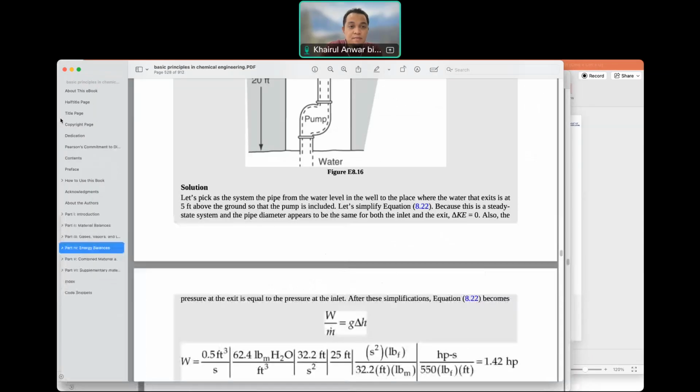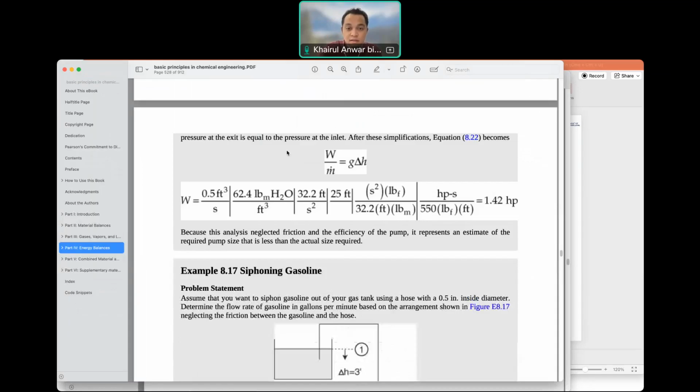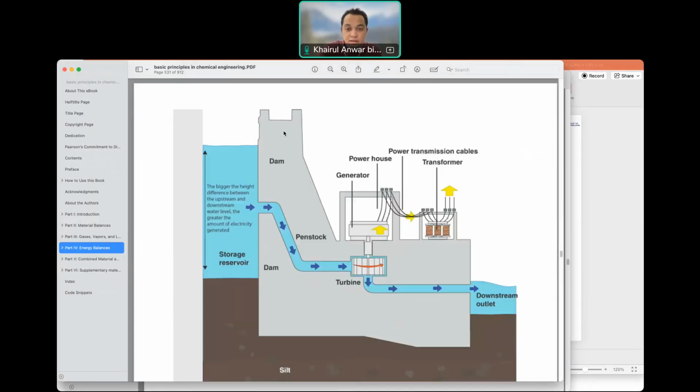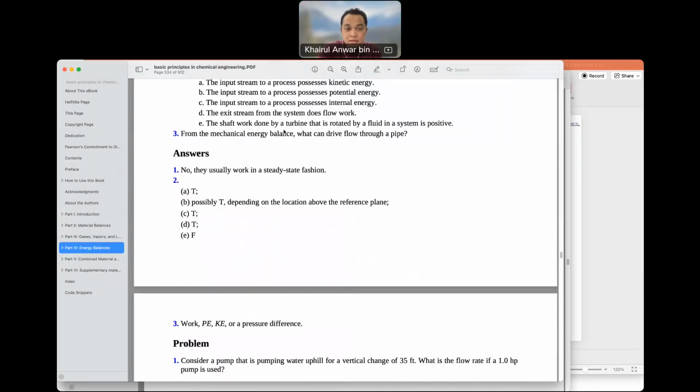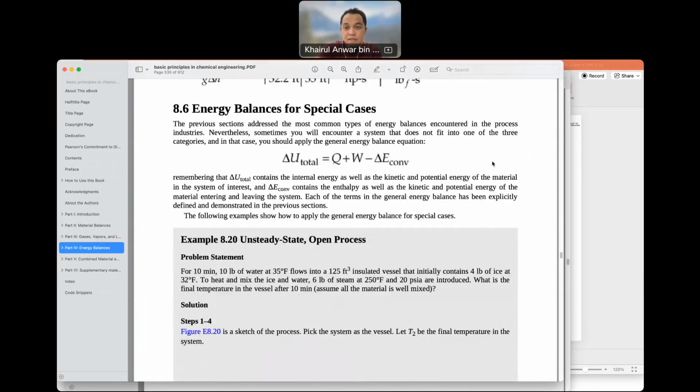For the basic principles in chemical engineering, there is an extra section about energy balance variants for special cases.